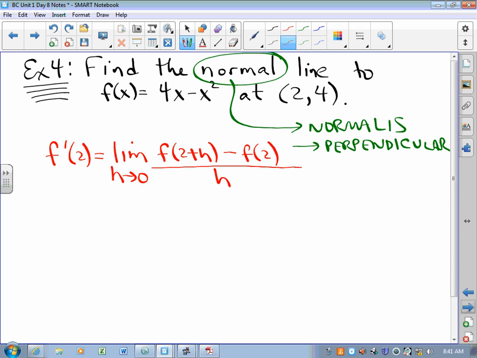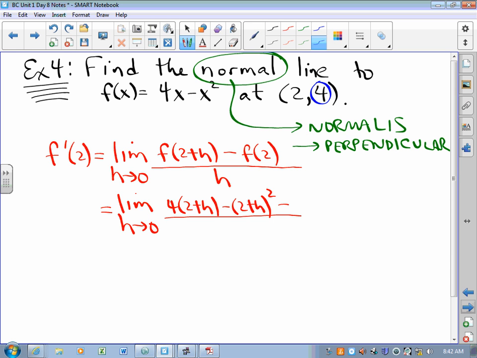Change in y on top, change in x on the bottom, and algebra will rescue us. f of 2 plus h is what you get when you substitute 2 plus h for x. f of 2 is the y value at 2, and that's already been given to us, over h.